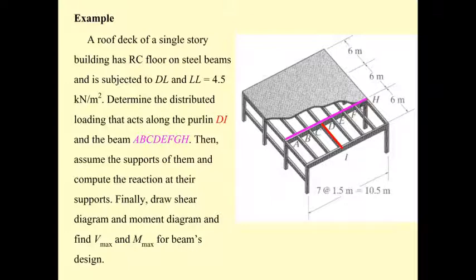For example, let's consider this structure. This is the roof deck of a single-story building. It has the RC floor built on the steel frame. In constructing this structure, we have to build all the foundation, and then we construct the column, and then we put the beam between the columns.